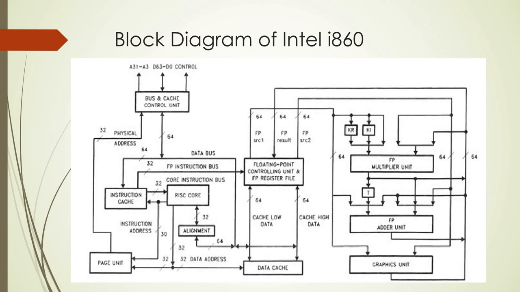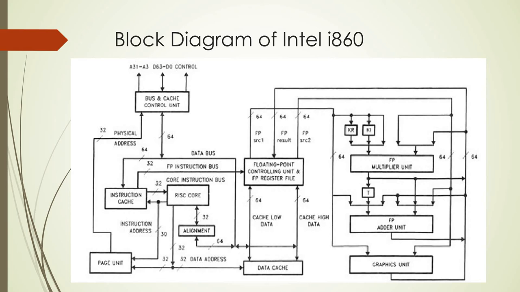It has a parallel architecture that supports up to 3 operations per clock: 1 integer or control instruction per clock, up to 2 floating point results per clock.